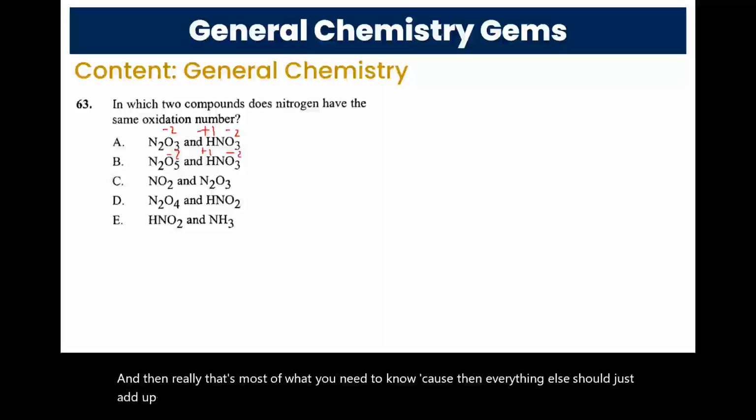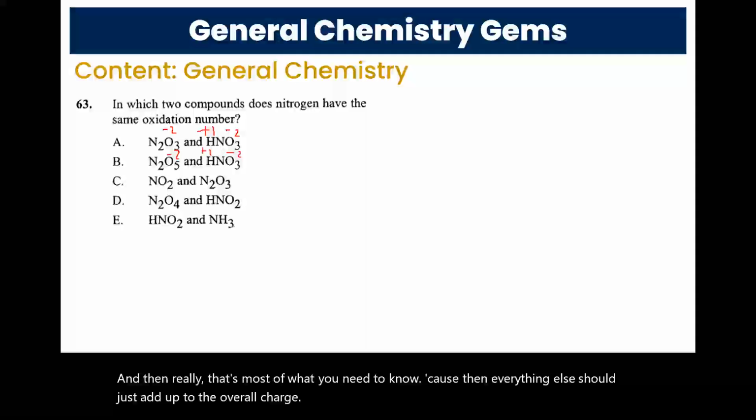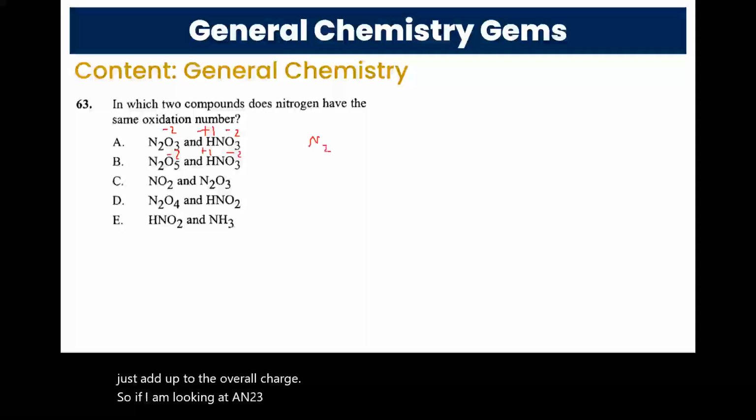to the overall charge. So if I am looking at A, N2O3, I've got -2 here. So what does the nitrogen have to be?